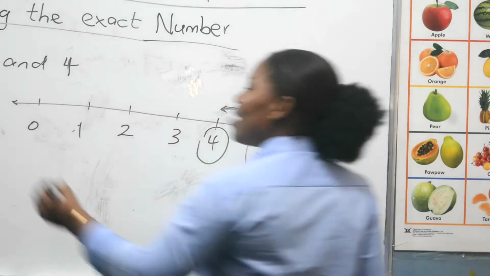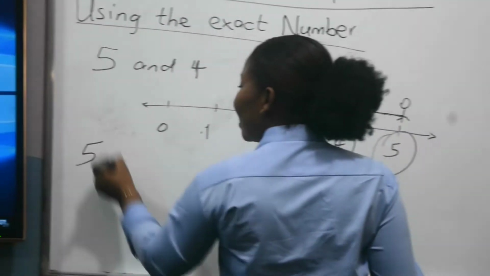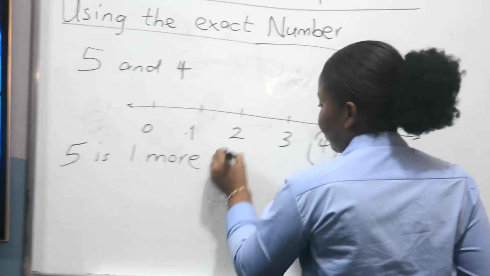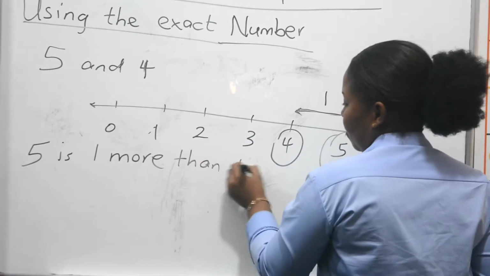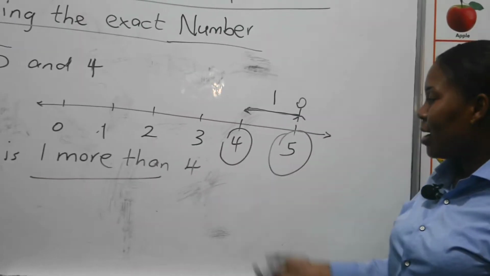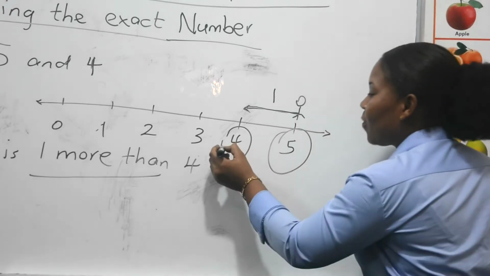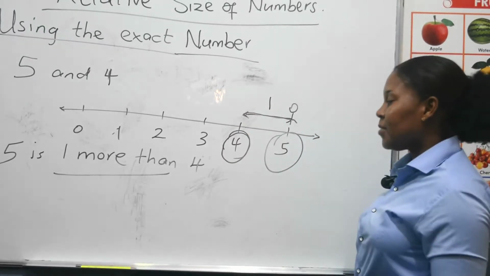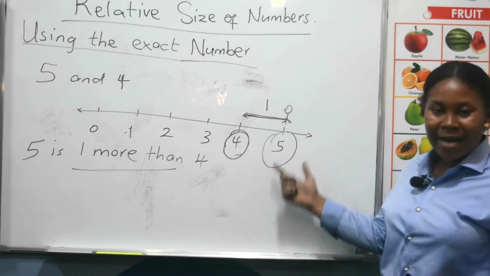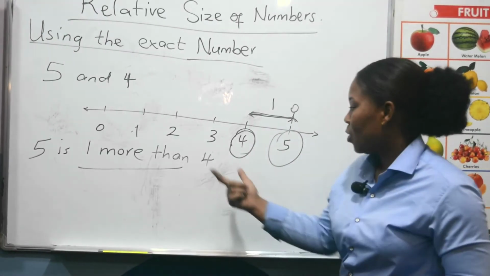So 5 and 4. We will say that 5 is 1 more than 4. Good. This is 4. If you want to get 5, you have to move 1 before you will get 5. So 5 is 1 more than 4.